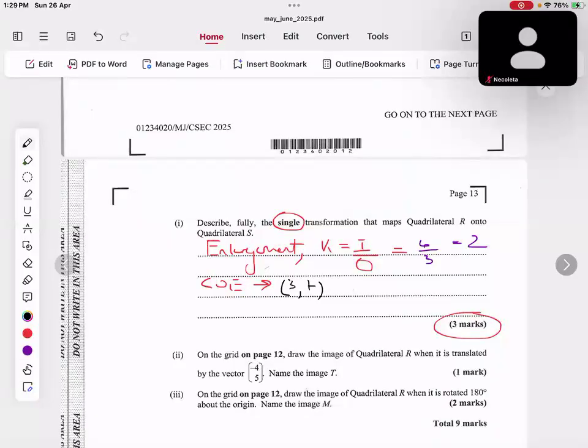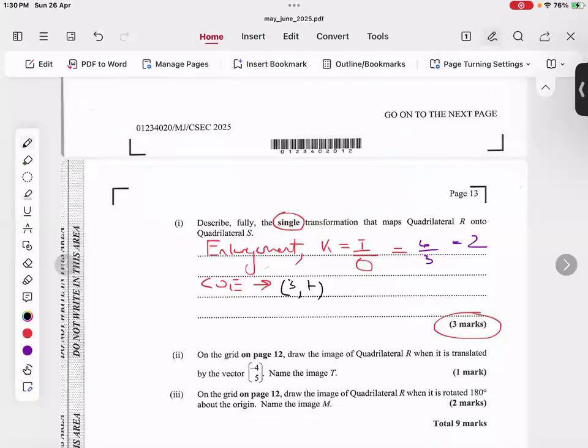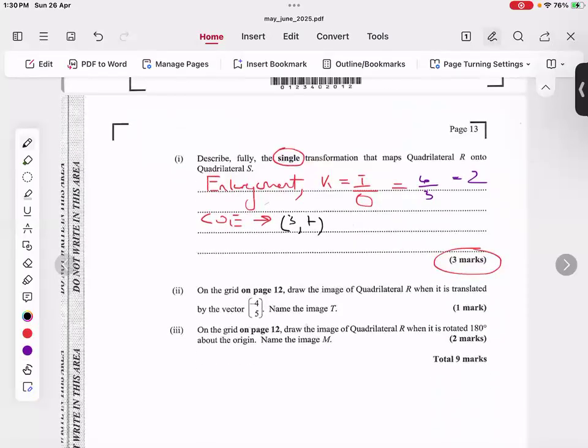About the point 3, 7. And that's it. That's where you get the 3 marks. Okay? Lovely. All right, nice.